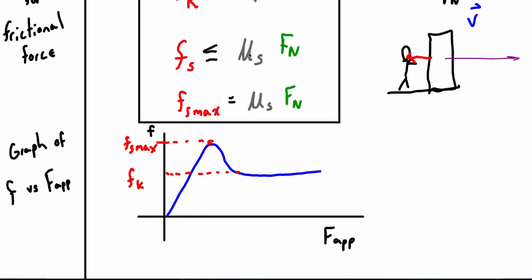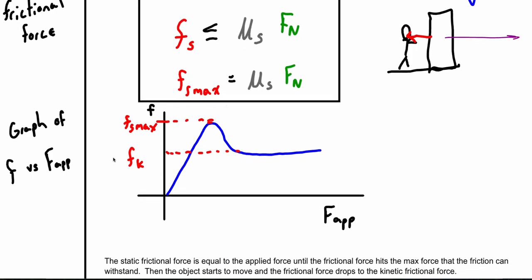And if we look at the graph of friction versus the applied force, this shows exactly the scenario of pushing a refrigerator: as your applied force increases, the static force, or the frictional force, also increases. And it increases all the way up until you get to this point right here.